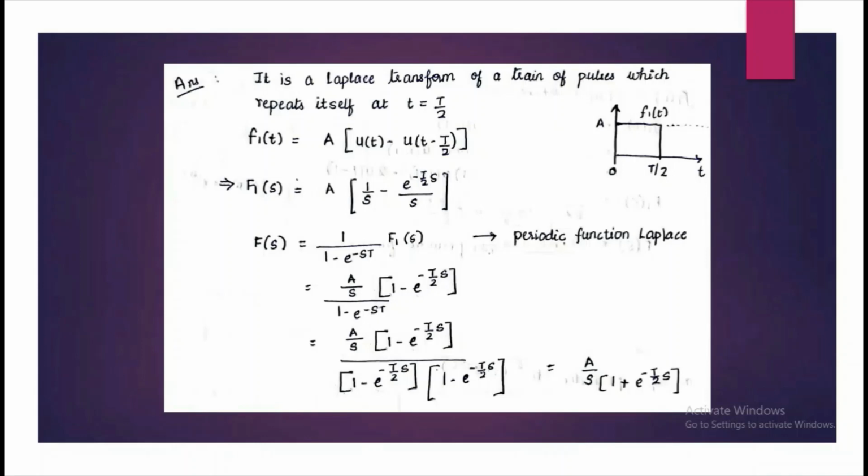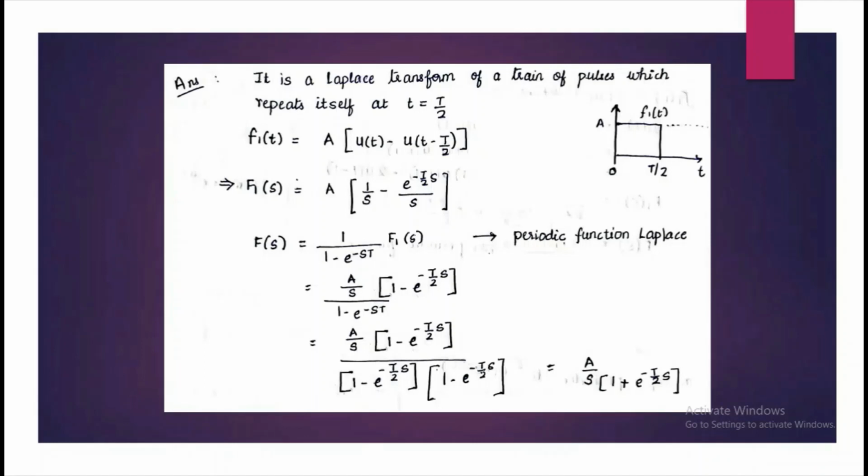So we have to find the Laplace transform of one period which is this signal. So this is f1 of t which we have just found out. If we take the Laplace transform, u of t becomes 1 by s and u of t minus T by 2 is the shifting property. Therefore it becomes e raised to minus T by 2 s by s.